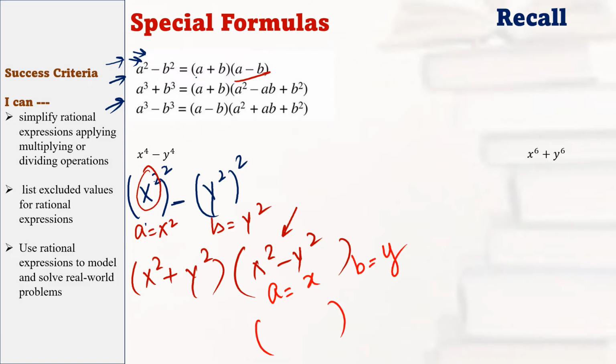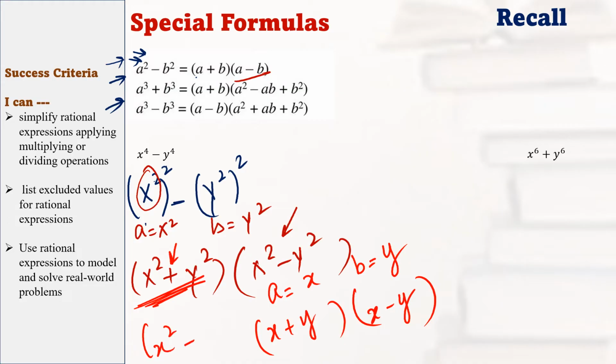So one time I write a plus b, x plus y, and one time a minus b, that means x minus y. And still I don't have a formula which is separated by a positive sign, so I will write this as it is.